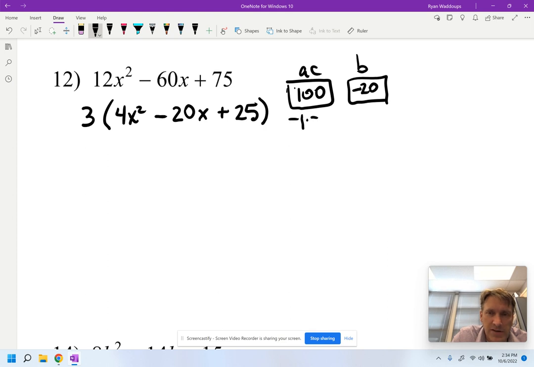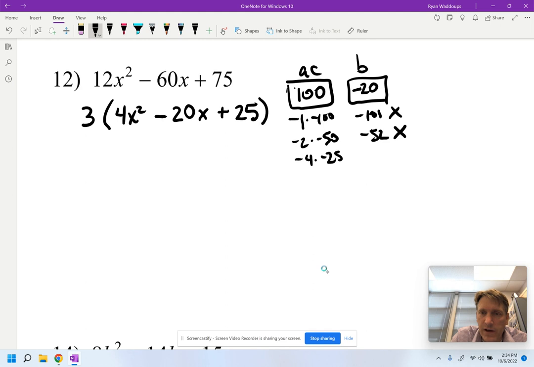So negative 1 times negative 100 would be negative 101. No. Negative 2 times negative 50, negative 52. Again, no. 3 won't go into 100. 4 will. Negative 4 times negative 25 would be positive 100. When I add them, I get negative 29.